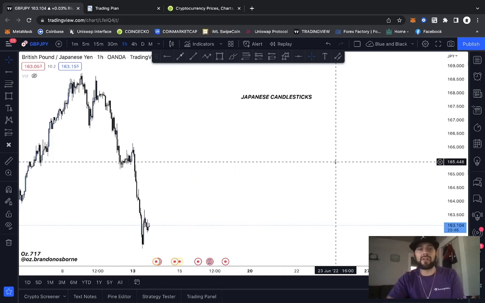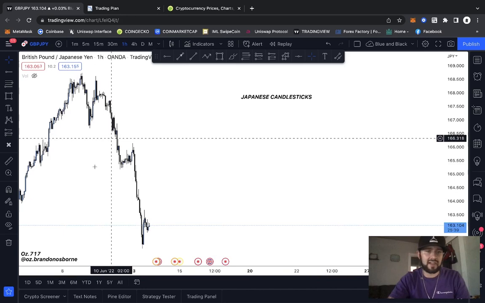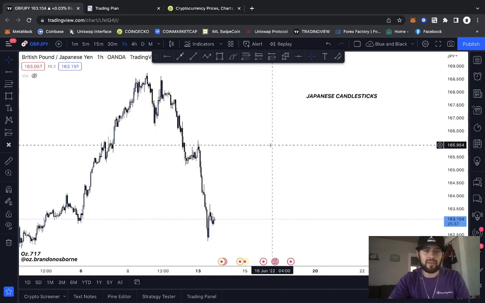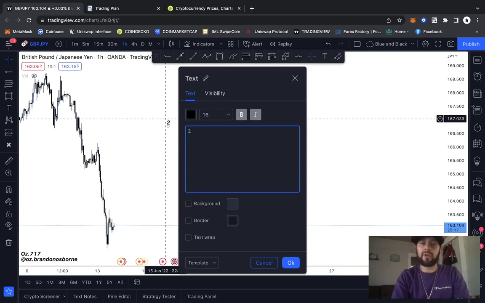So one of the first questions that people ask whenever they get into Forex is, how do I read these charts and what are these things right here? Well, these are candles. There are two different types, and they are bullish candles and bearish candles.